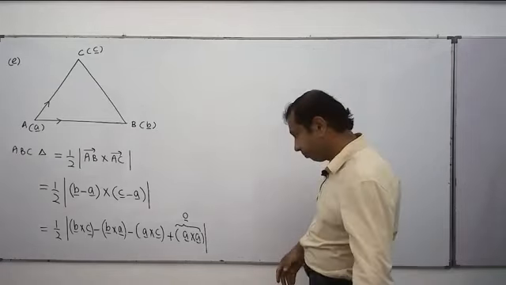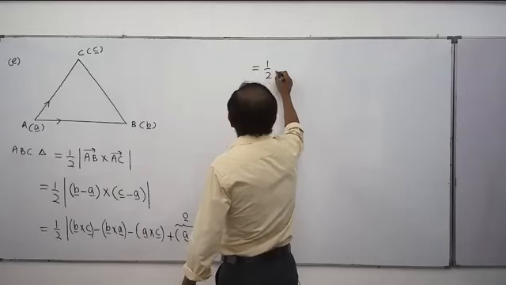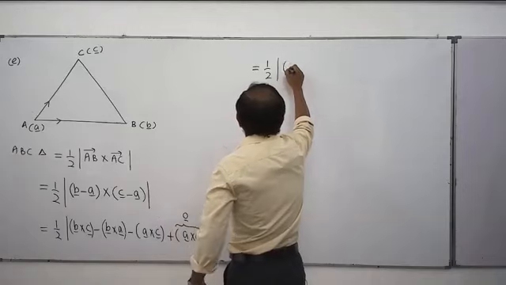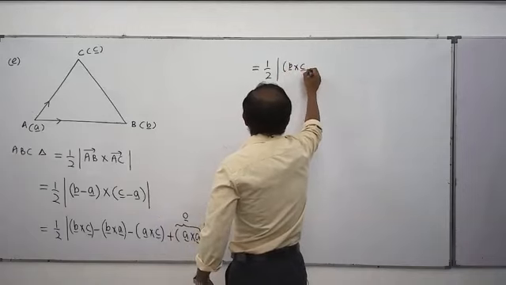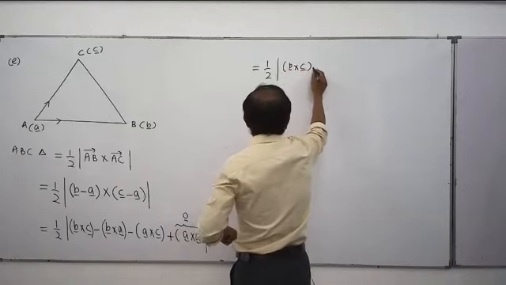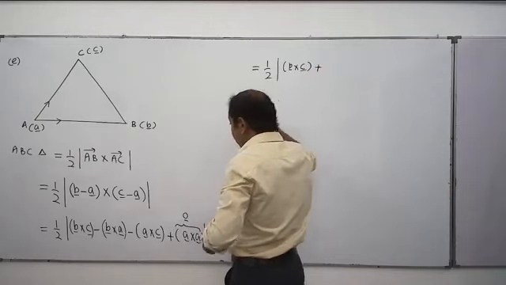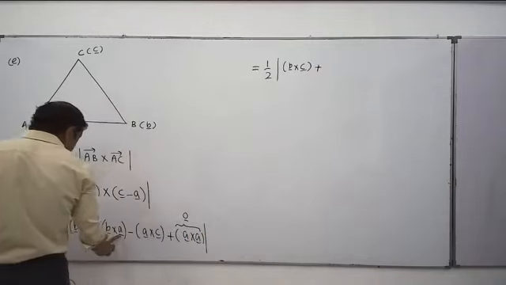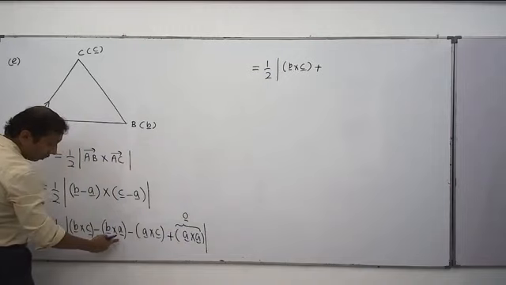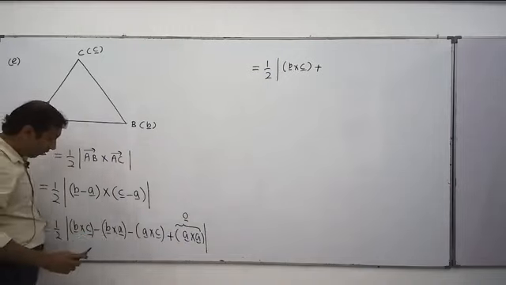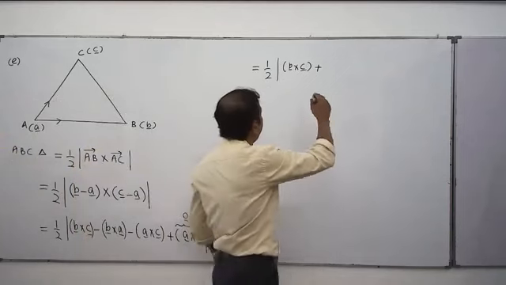Then we get half, B cross C, and plus A cross B, because we changed the order of B cross A to A cross B, another minus sign comes, and that minus and this minus make plus.